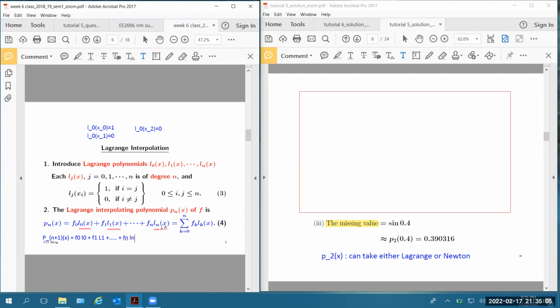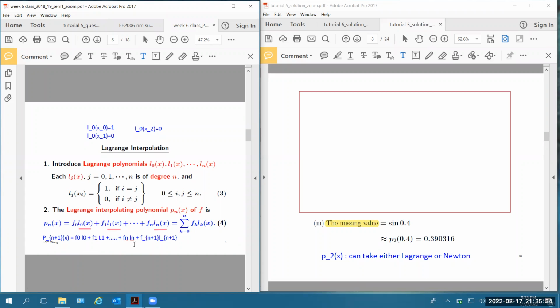But of course we know this is not the last term, right? There should be one last term, which is f, and the subscript here will be n plus 1. And then of course our Lagrange interpolating polynomial, you also got this n plus 1. Okay, so this is our Lagrange interpolating polynomial when you add one more point.